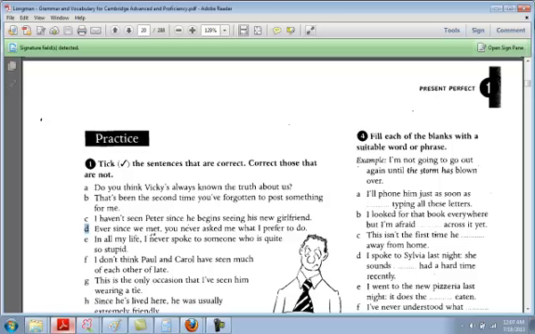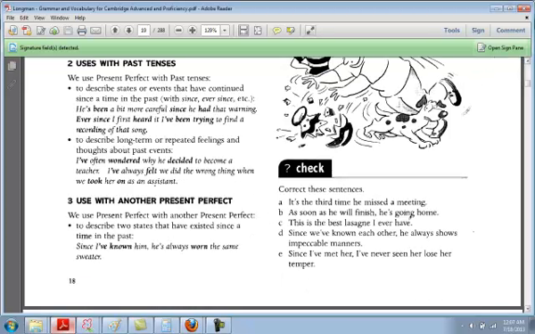So this one: ever since we met, you have never asked me what I prefer to do. Okay, because ever since is also used here.